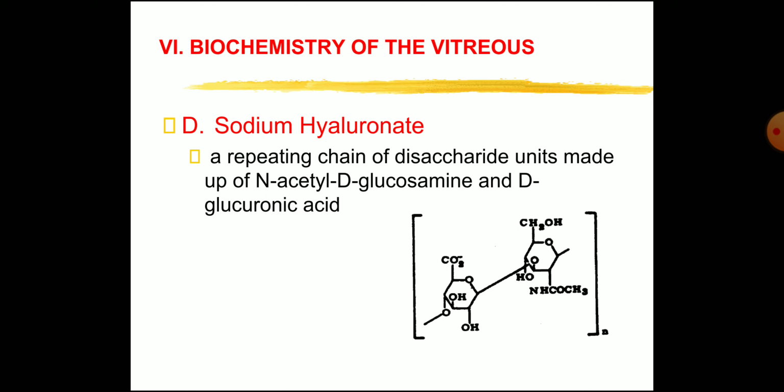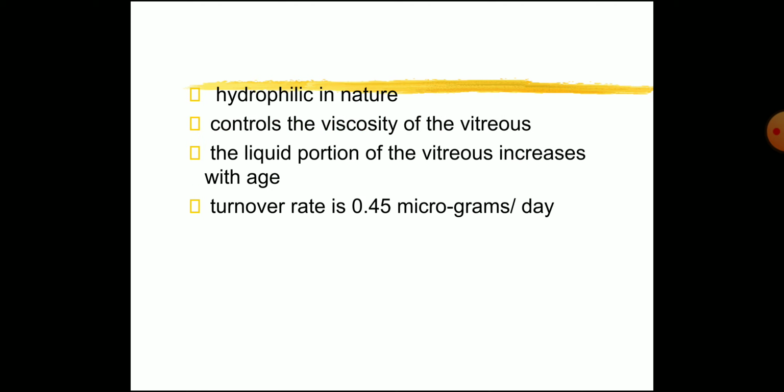Sodium hyaluronate is a repeating chain of disaccharide units made up of N-acetyl D-glucosamine and D-glucuronic acid, and it is present in the vitreous. It is hydrophilic in nature and controls the viscosity of the vitreous.